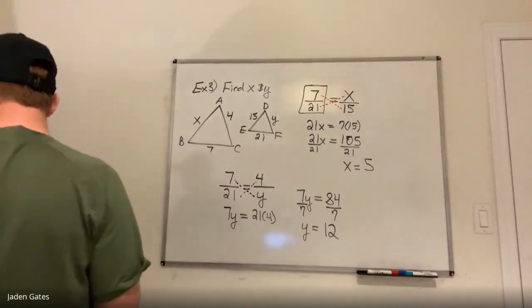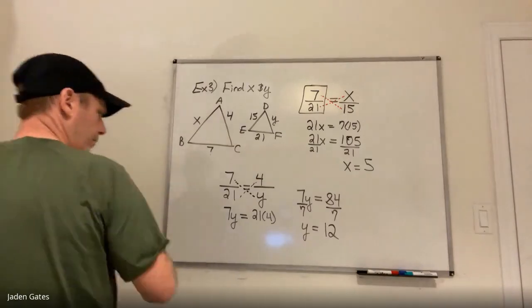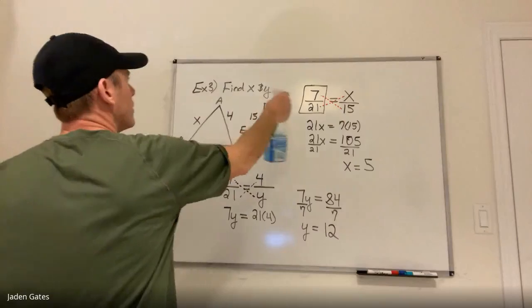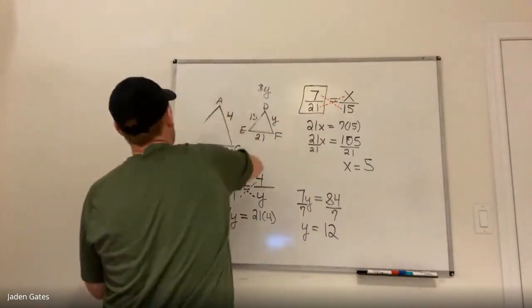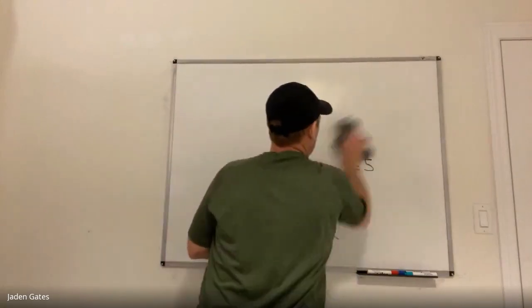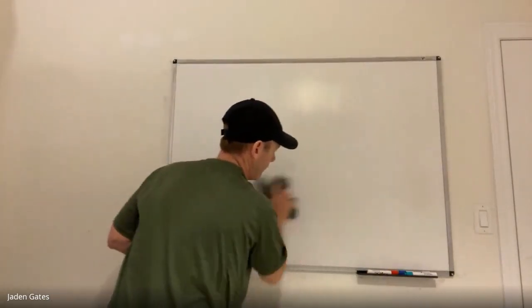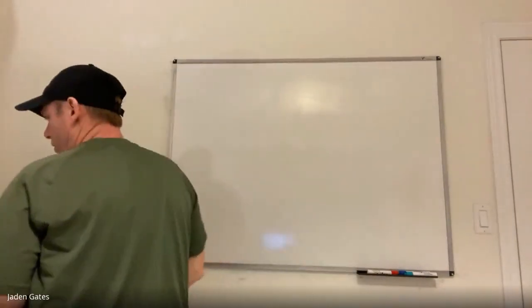All right, I'm going to try one more of those. I'm going to skip over here to example number 5. That's on my sheet if you're following along. All right, so example number 5.